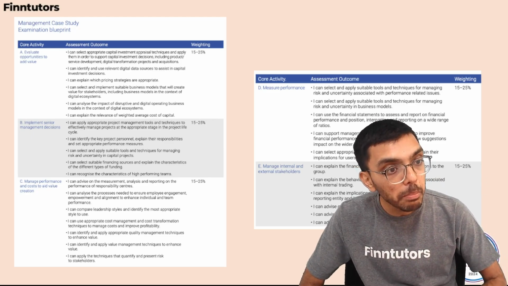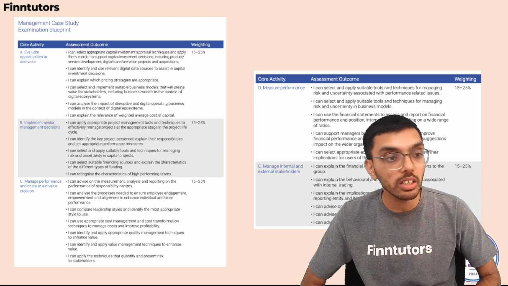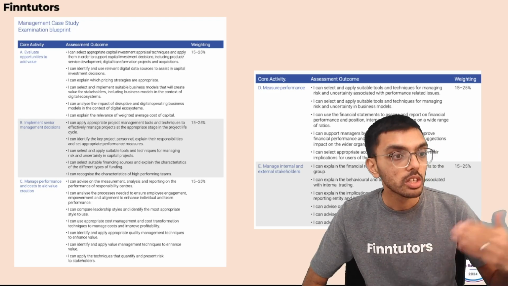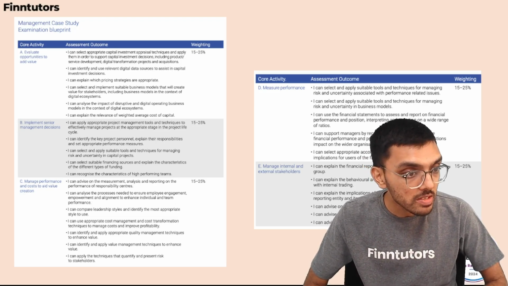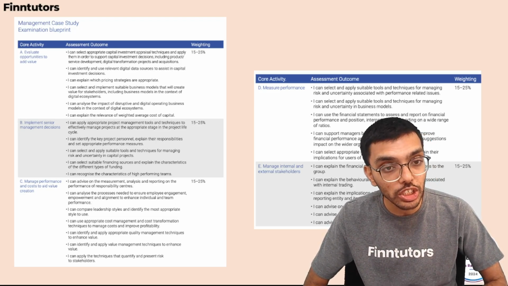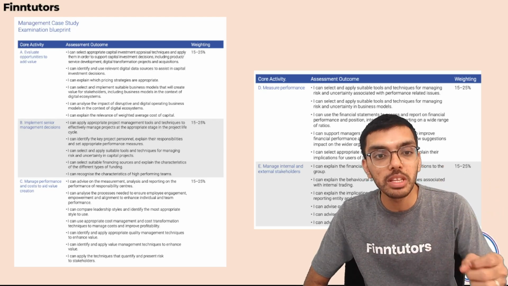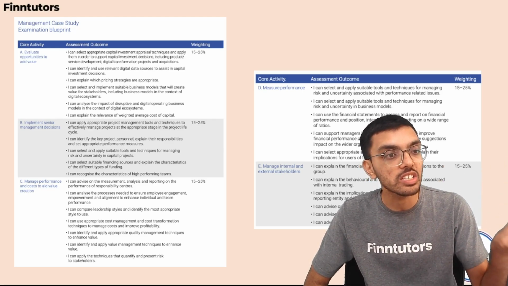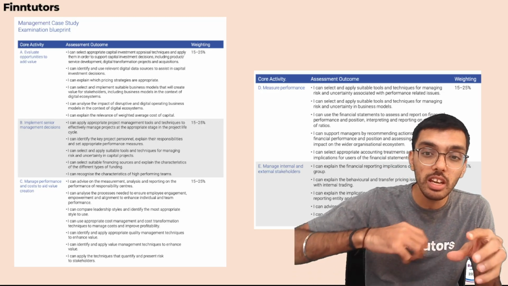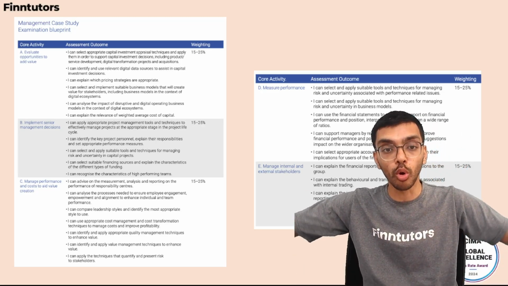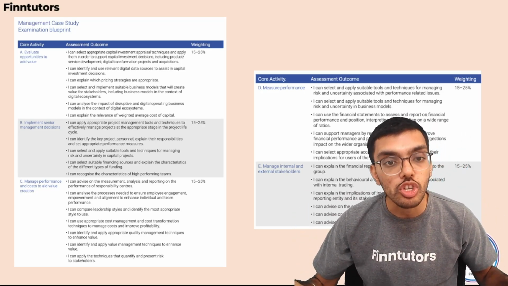Second one is implement senior management decisions. Third is manage performance and costs to aid value creation, measure performance, and manage internal and external stakeholders. So you can see a very broad role is what a finance manager holds.